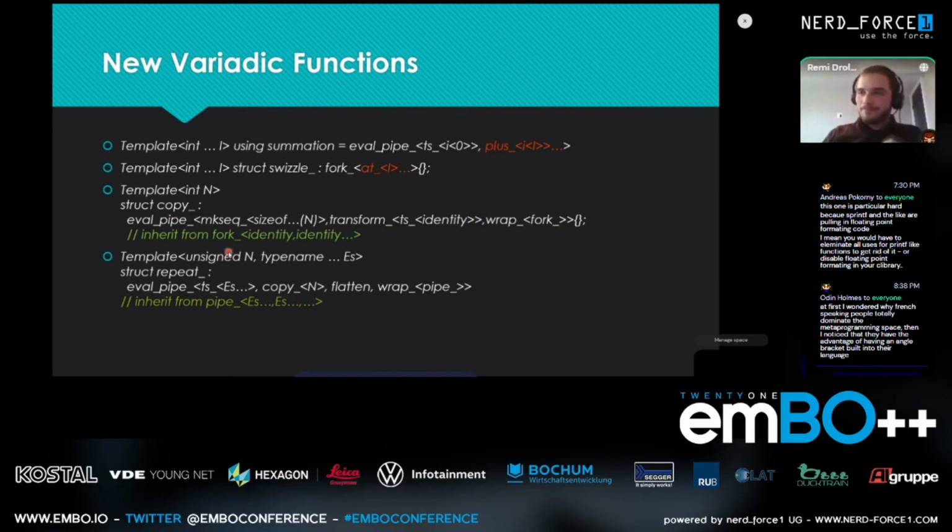So basically, template unsigned n with a meta expression with a repeat, because I want to repeat the same function. So what did I do?